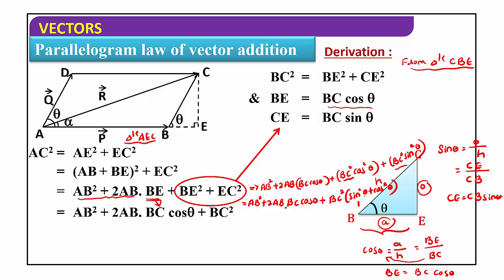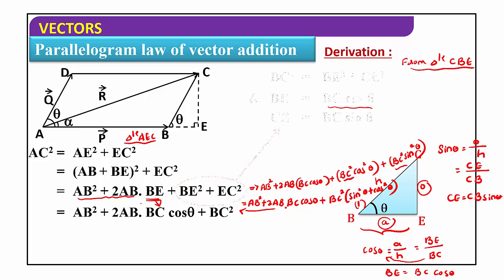We know that sin square theta plus cos square theta equals 1. So we will get this equation: AB square plus 2AB into BC cos theta plus BC square.